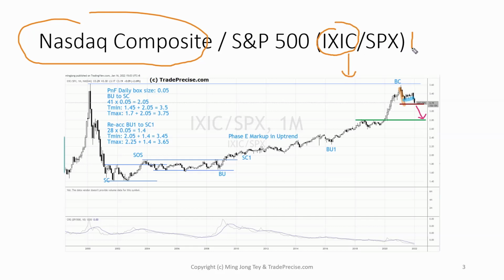So if the S&P dropped 10%, then the Nasdaq could drop like 15% or 20%. If the S&P 500 drops like 20%, the Nasdaq, if it underperforms, could drop like 25, 30%.